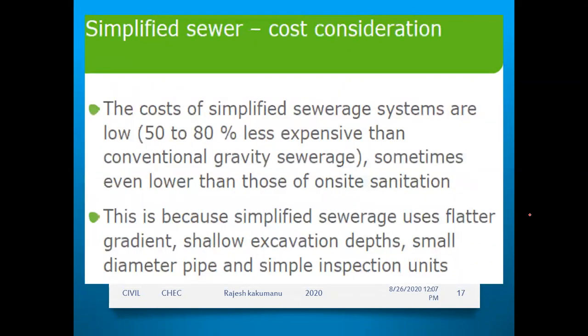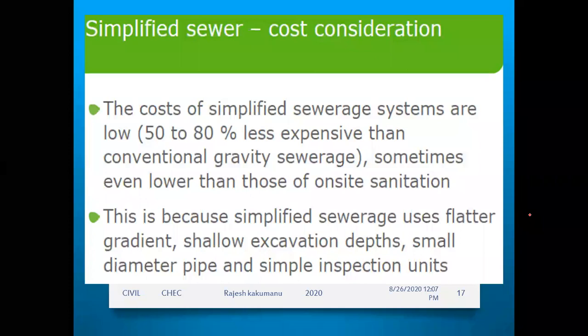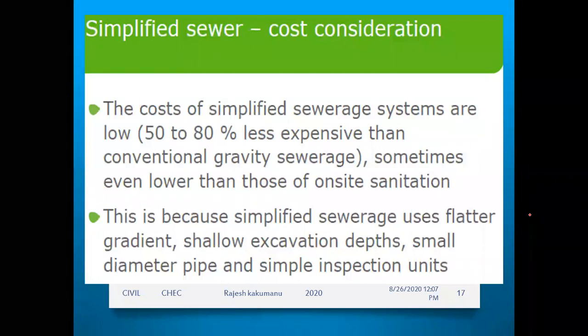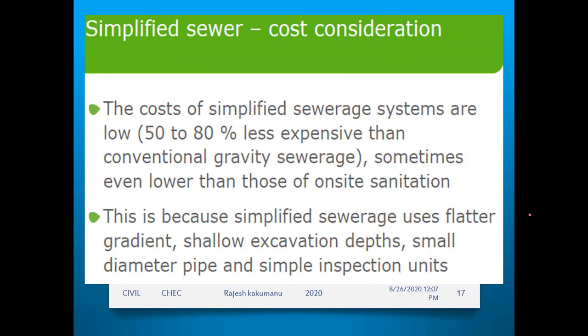Next, what about the cost consideration? The simplified sewerage system cost is 80% less expensive than conventional gravity sewers, sometimes even lesser. It depends upon the on-site sanitation applications. Maximum 50 to 80% we can reduce the cost when compared to the separate systems and combined systems.